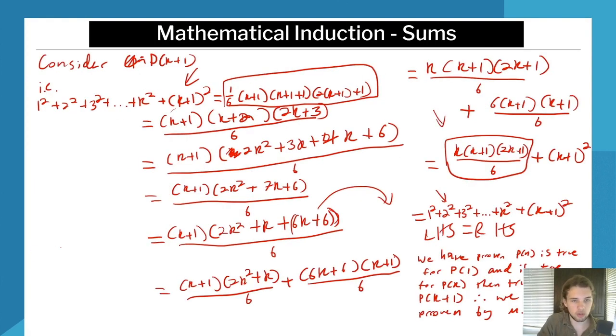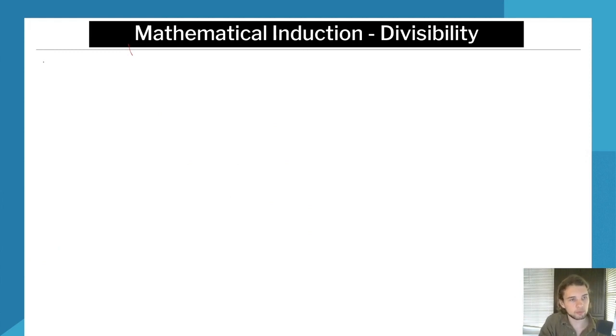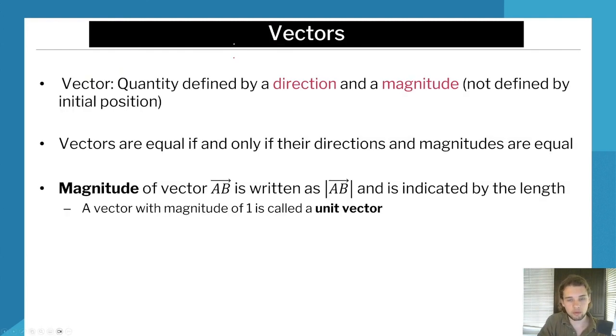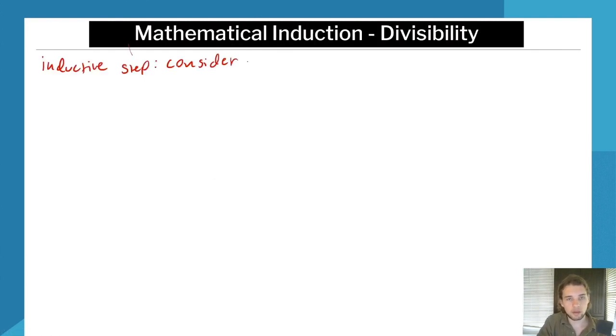Now we may as well do this on another slide. Inductive step. For that, we are going to again consider Pk plus 1. So that is 7 to the power of 2(k plus 1) plus 16(k plus 1) minus 1.